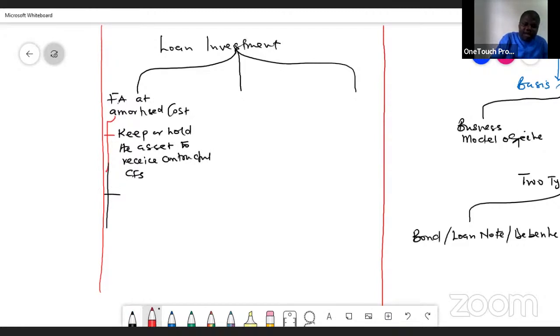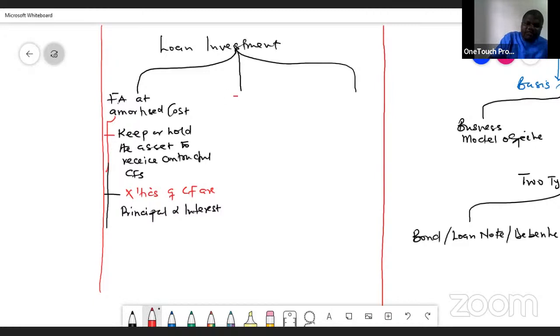And the characteristics of the cash flows are principal and interest. That is at amortized cost.